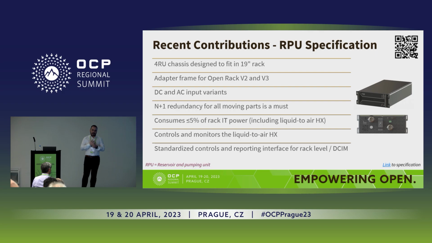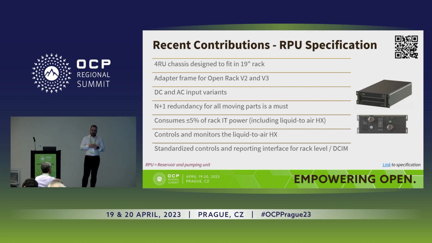We defined our RPU with 4 RU, not OU. Then it's different to adapt to the Open Rack V2 and the Open Rack V3. It is possible to adapt DC current or AC current, important for Open Rack V3 with 48 volts.